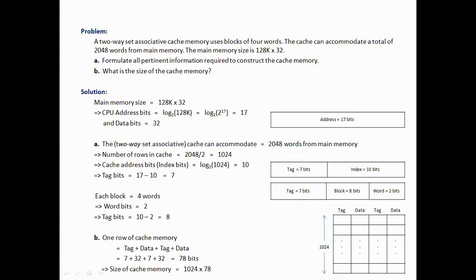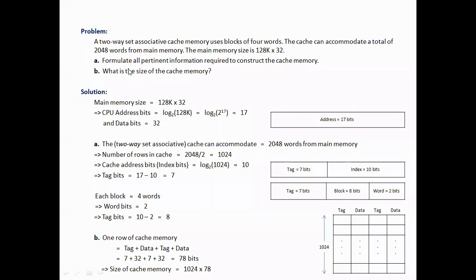That means the address that the CPU will generate constitutes 17 bits. The second thing given here is 32, which means that the data bits are 32. The data is of 32 bits, or the word length of main memory is 32 bits.